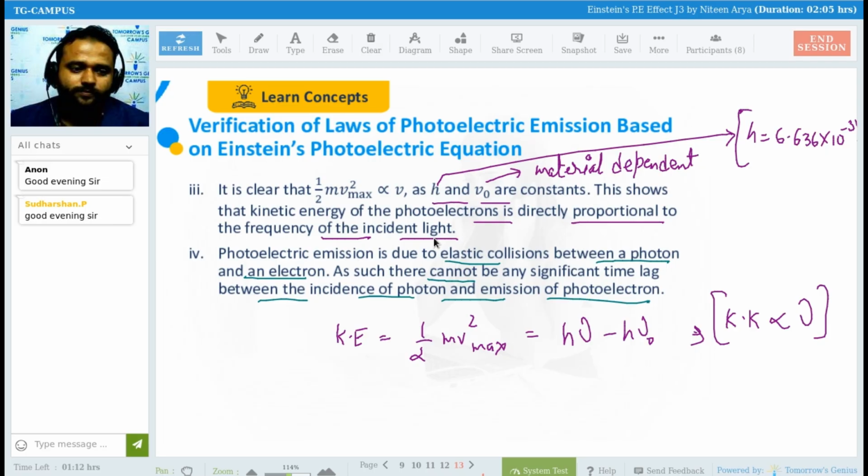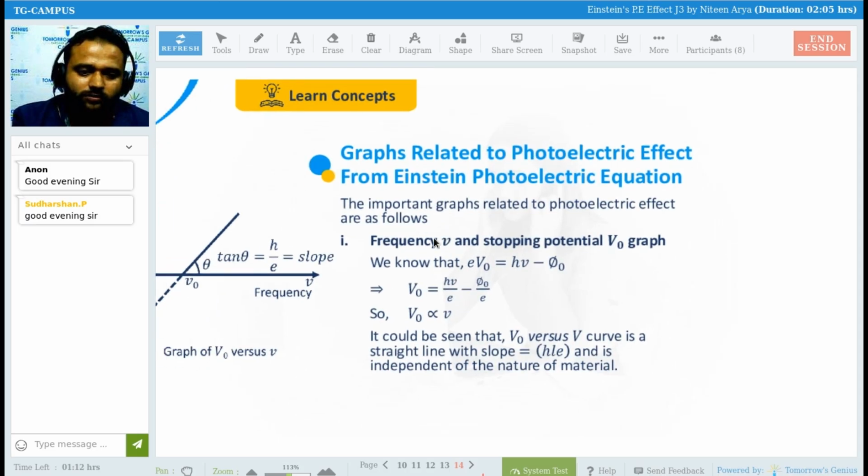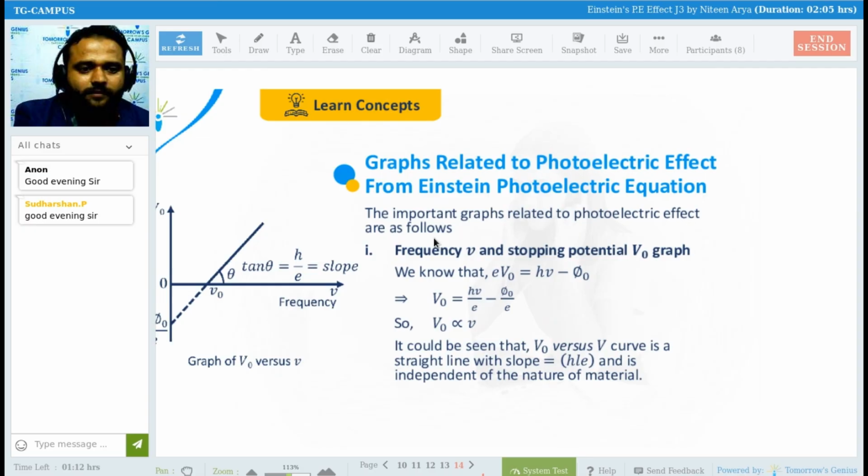Clear? In inelastic collision, momentum is conserved, but kinetic energy is lost into some other form, light, heat, sound, or any other form. So just take a break for 5 to 10 minutes, and from this we are going to start again. Clear?